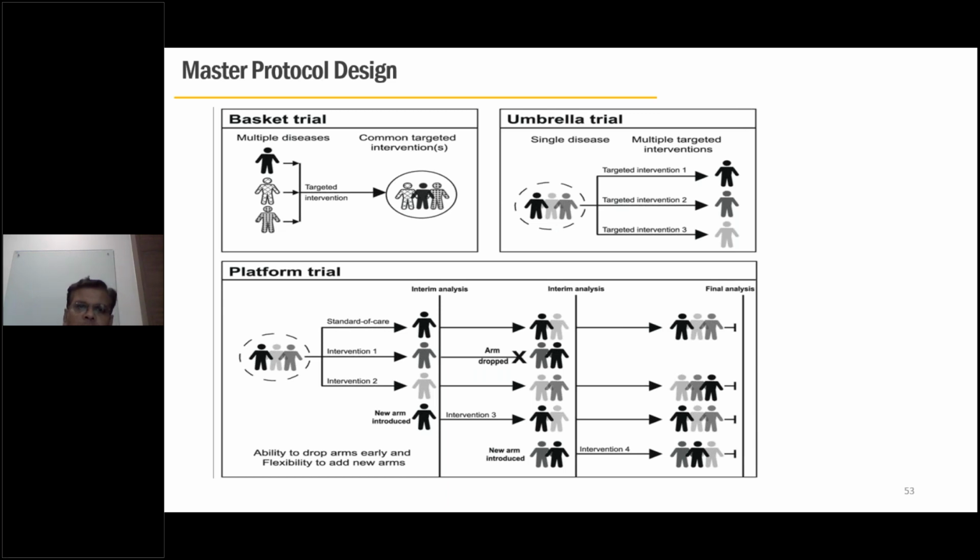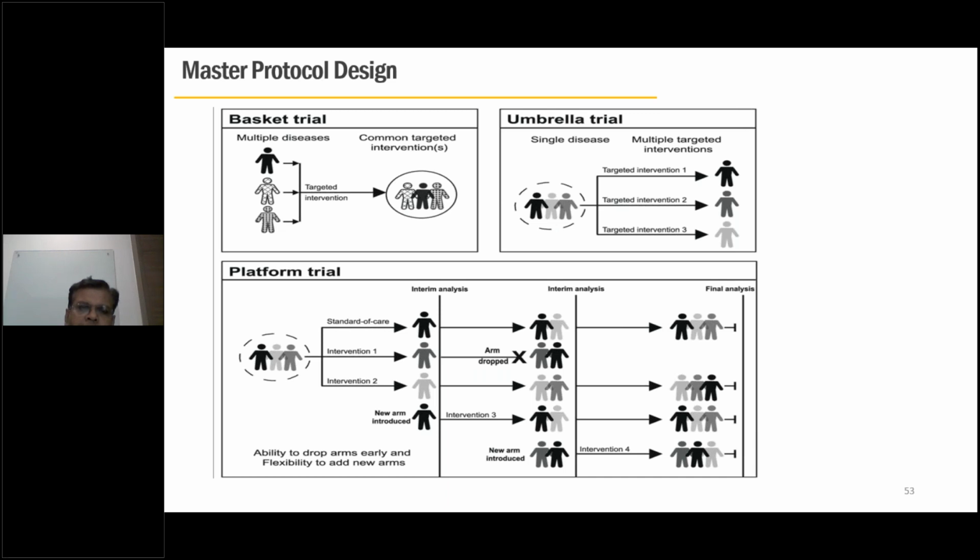Just to give you a fair idea of what a basket is: there are multiple diseases, and we try to target these multiple diseases with one intervention, like, for example, bevacizumab, or adalimumab.